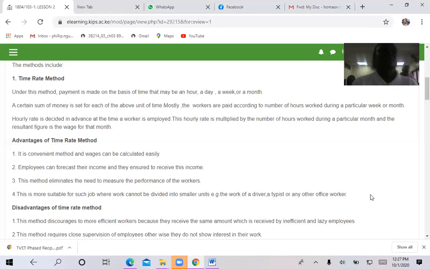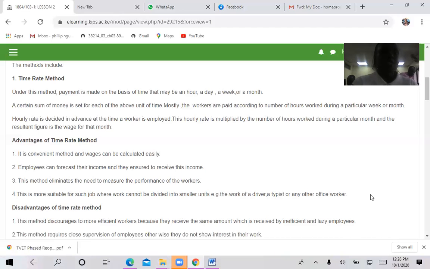Let's look at the advantages of time rate method. One, convenient method, wages can be calculated easily. Another advantage is that employees can forecast their income, and they are inspired to receive this income. Another advantage is that this method eliminates the need to measure the performance of the workers.